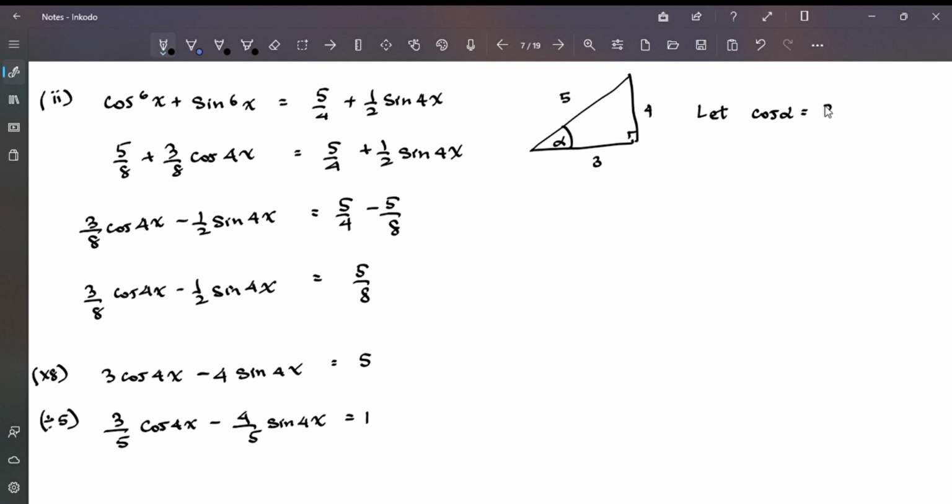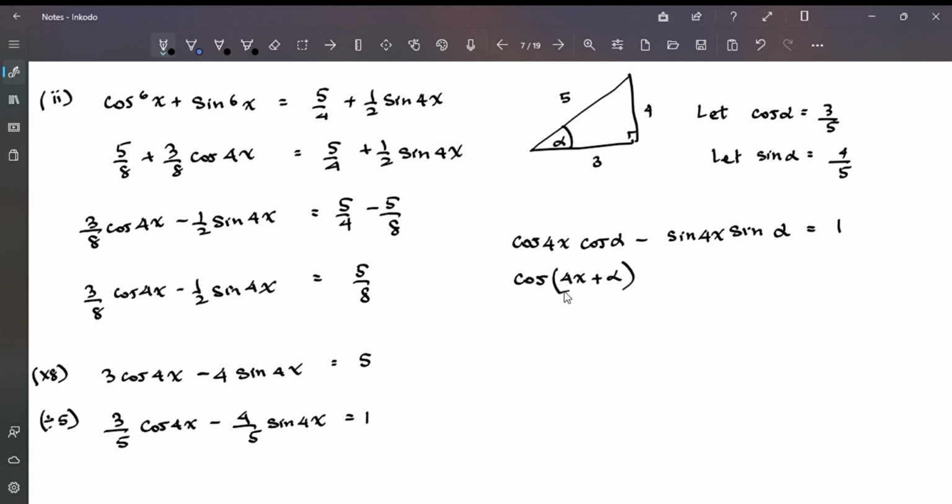So let cos alpha be adjacent over hypotenuse. Let sin alpha be opposite over hypotenuse. Now wherever you have 3 over 5 and 4 over 5, you can substitute these values. Cos 4x cos alpha minus sin 4x sin alpha equals 1.